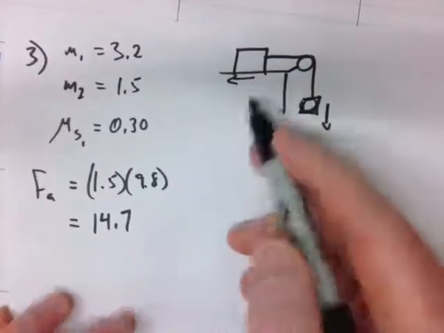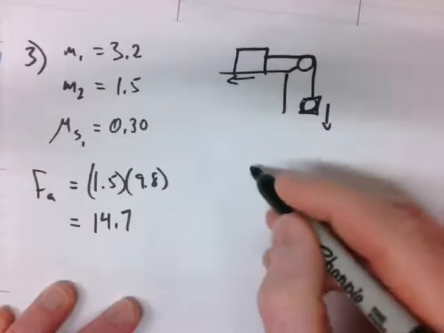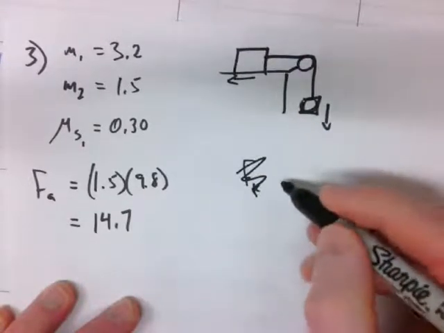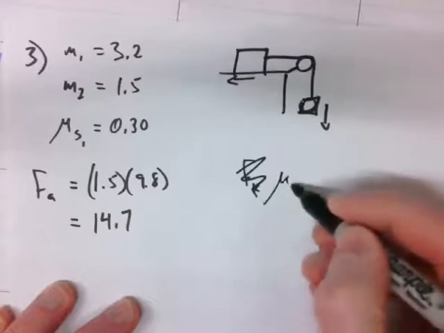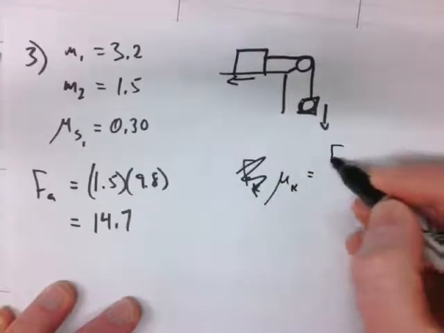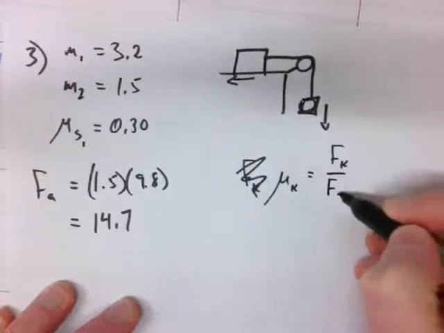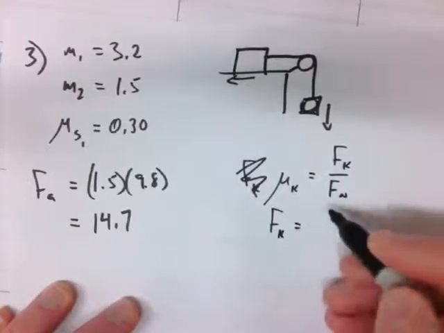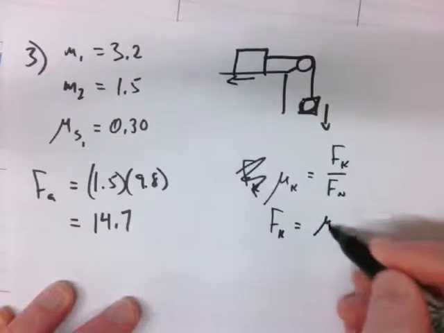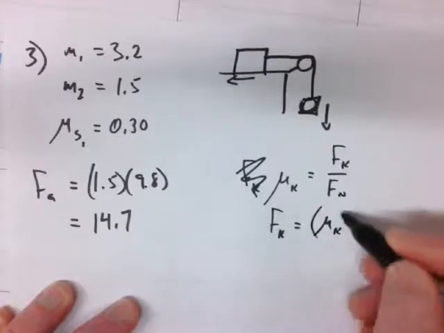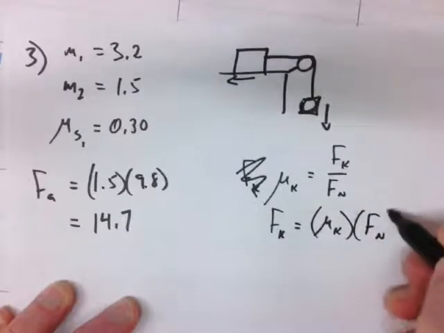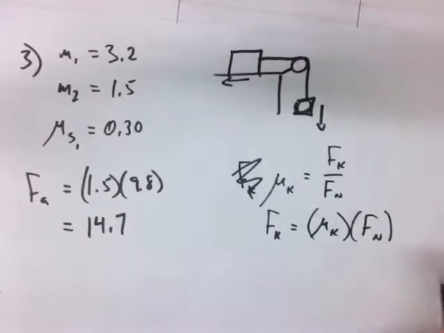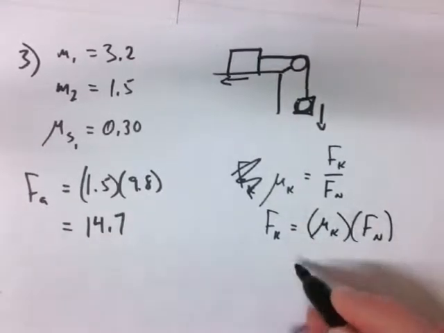Now the kinetic friction force, so Fk, well, I could set it up that way, but I'm going to do it this way. Mu k equals Fk over Fn. If you wanted, you could say Fk equals mu k times Fn. The textbook probably shows it in this orientation sometimes too.